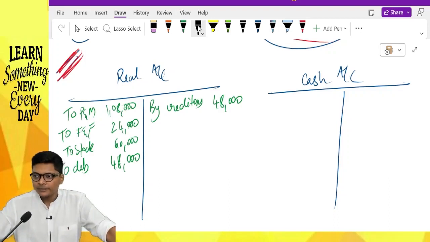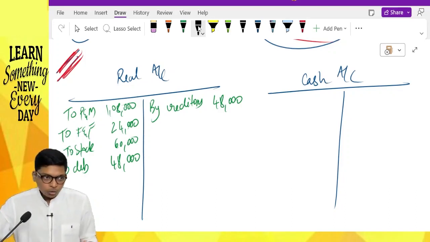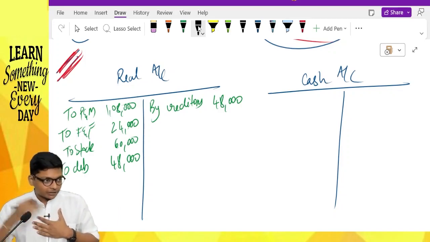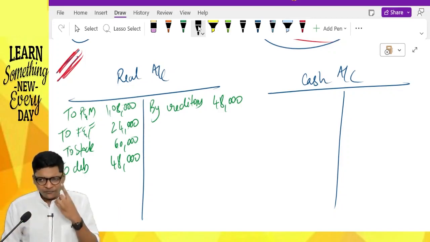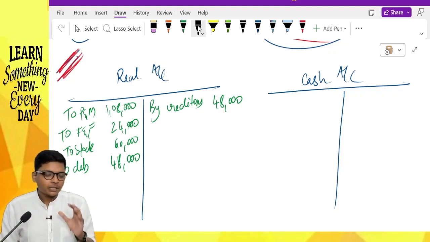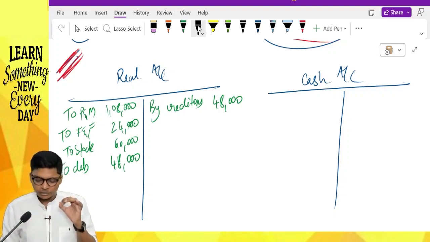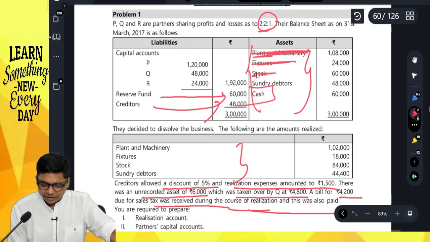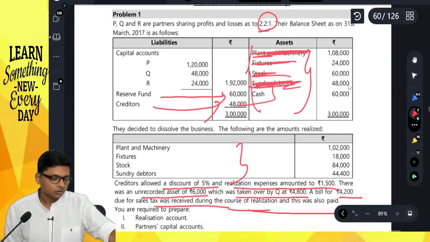Hello, all of you with me? Okay. What is the next step? See, remember, guys, whether you're accounting in selling company books in amalgamation or dissolution, the first step always leads to this: at this stage, plant and machinery, fixtures, stock, debtors became 0.